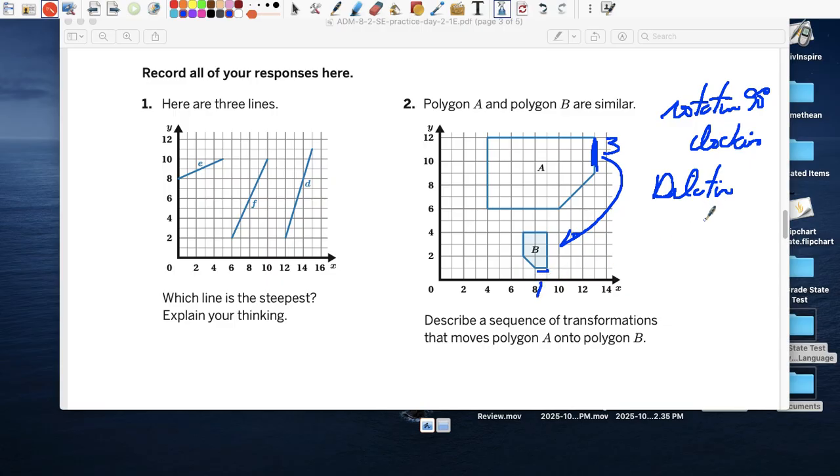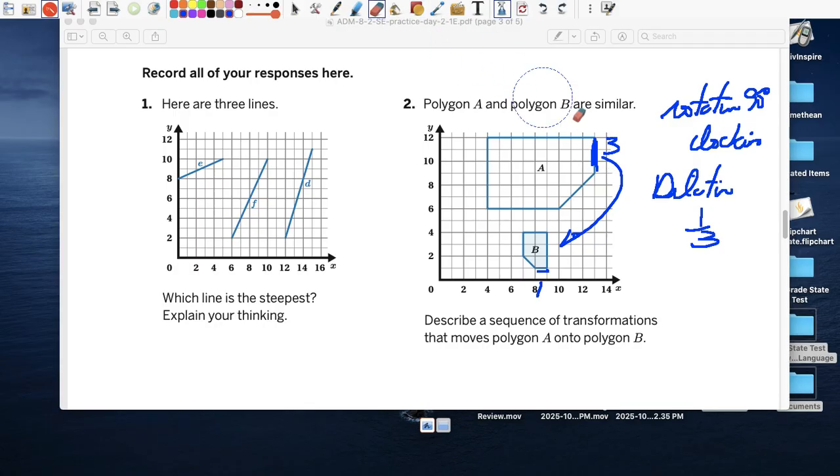So what was the dilation? 1/3, right? And then, translation? Yes, you definitely have a translation.